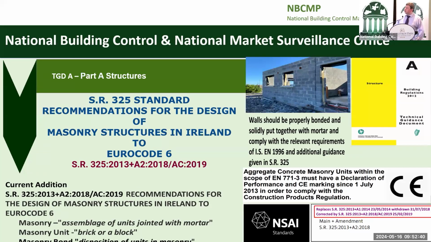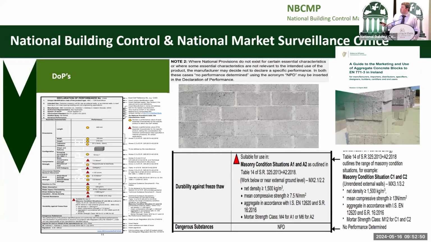So the recommendations of masonry, expansion joints, blocks, and the location of the expansion joints. The performance of the masonry and the guidance on marking and block give a sample DOP. And if you go in here on the dimensions, you'll go down through where it tables and the reference in the tables.